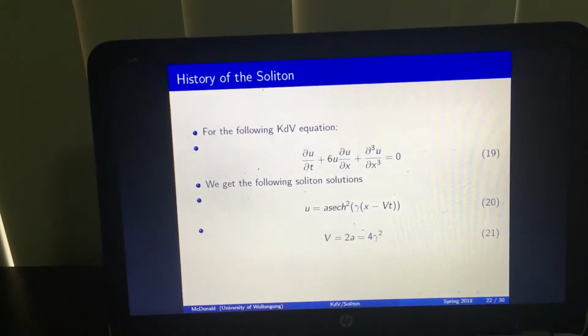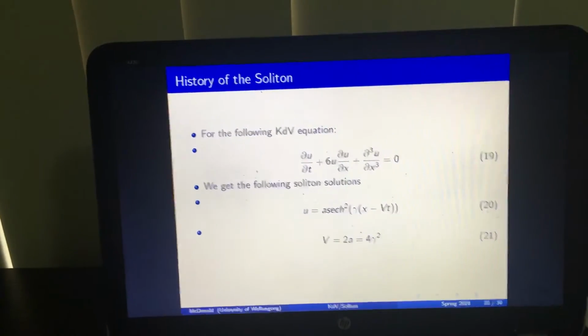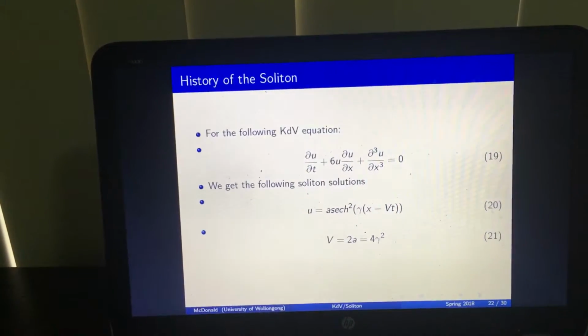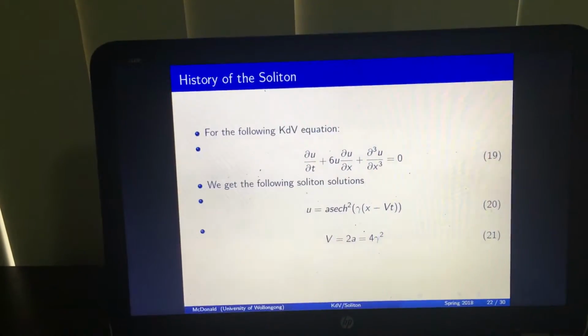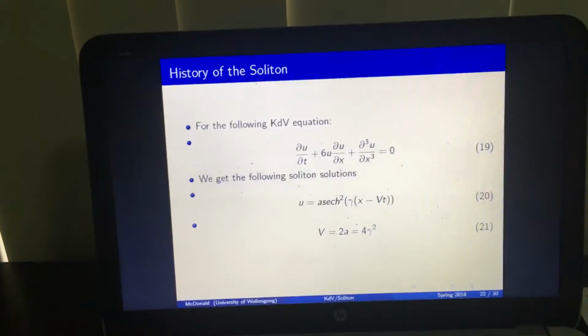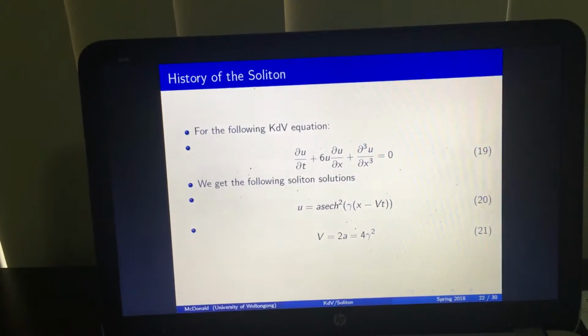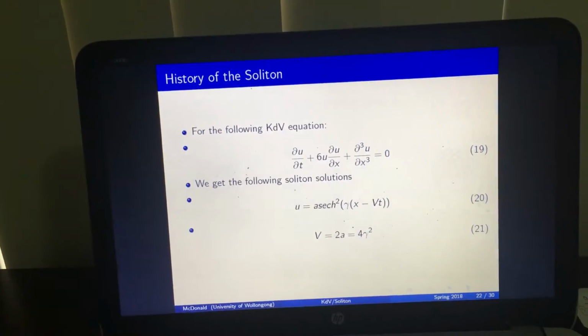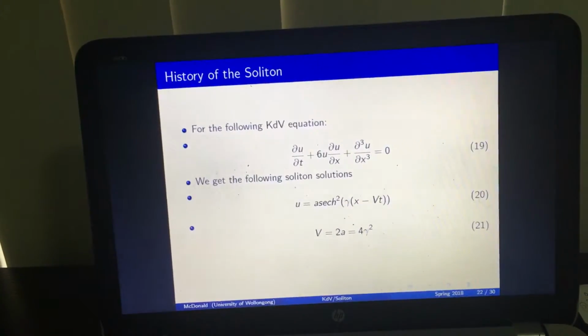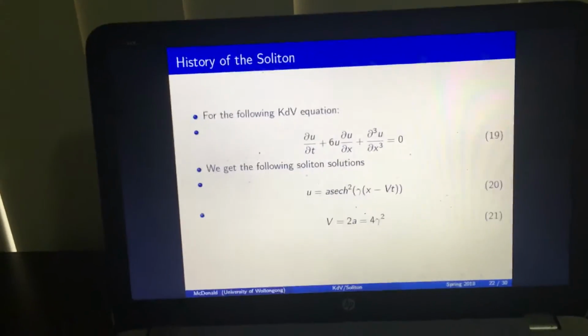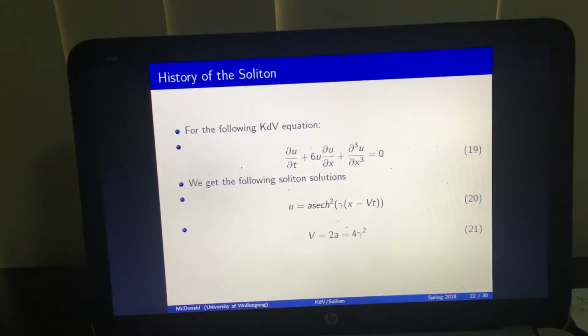Now there's the following relation. So v equals 2a equals 4 gamma squared. And if you remember earlier with John Russell, he was observing that the velocity of the wave depended on the amplitude. And we see that here with v equals 2a.